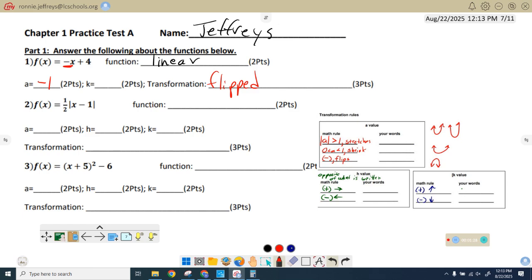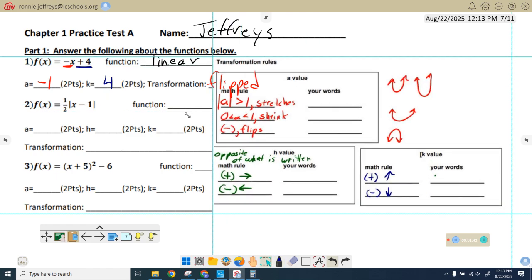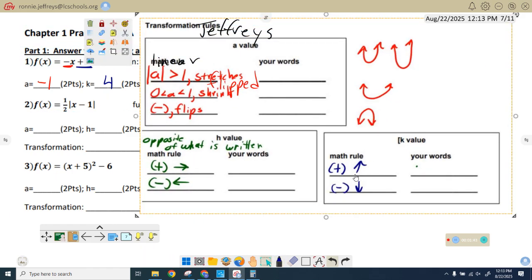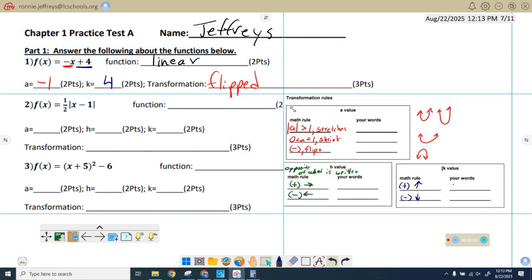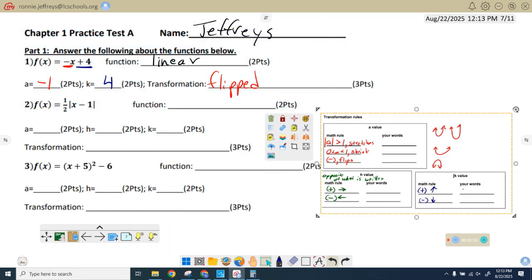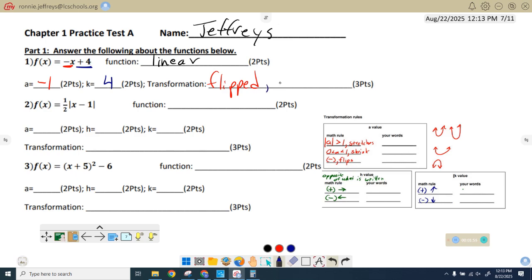This only has a K. There is no H. So you could write 4, you could write +4. Doesn't matter. Now, that rule for K is, when it's positive it goes up, negative goes down. So then we would just say up 4.